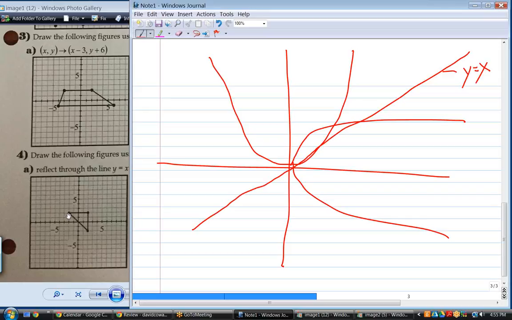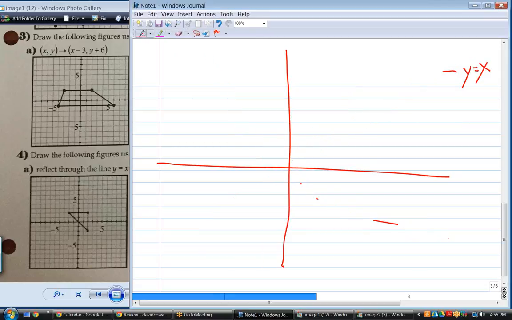So this point right here, let me see if I can reflect this thing. Let's see, that's one point, and there's the second point, there's the third point.